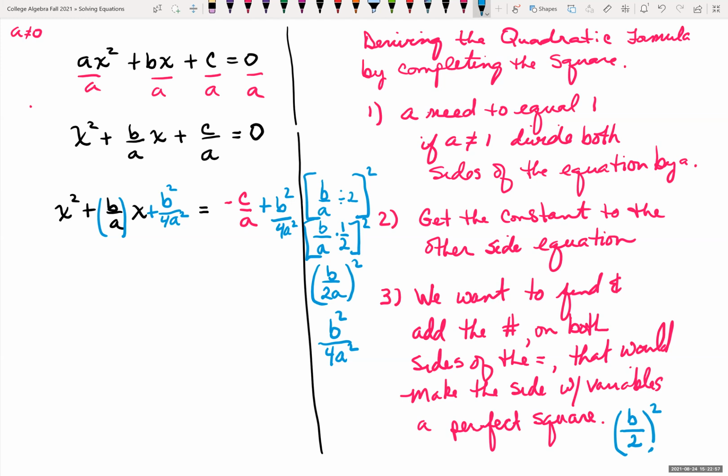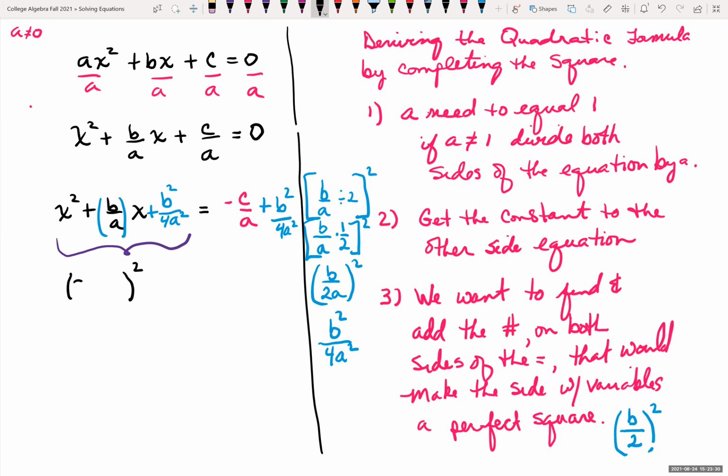So this side right now, we just manipulated it, and a lot of mathematics is manipulating things to fall out how we want it to. We just manipulated that to be a perfect square. So we're looking at the same thing that we would add to give us b over a. Well, that's b over 2a plus b over 2a gives me 2b over 2a, which reduces to b over a.